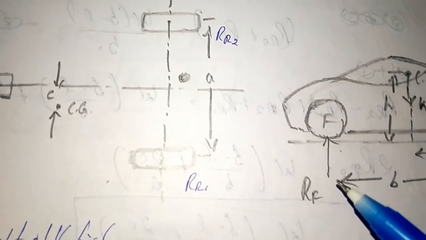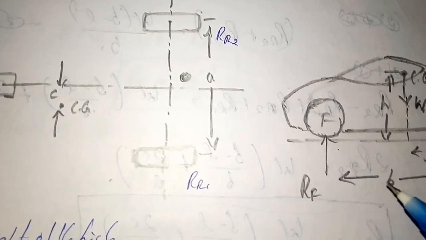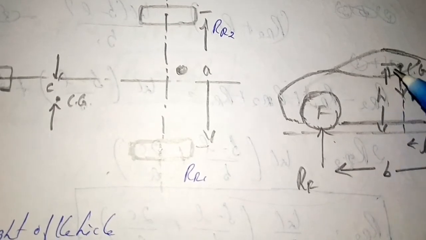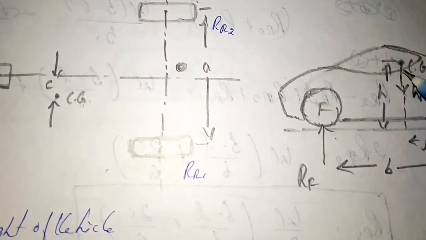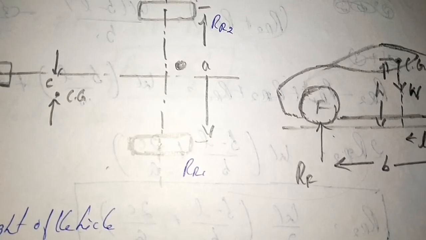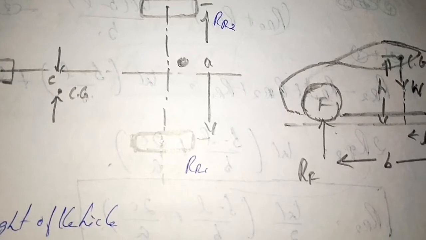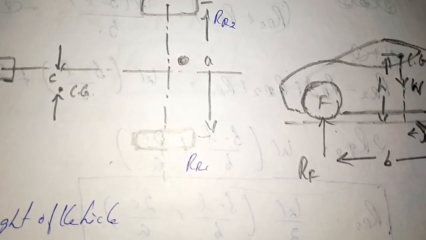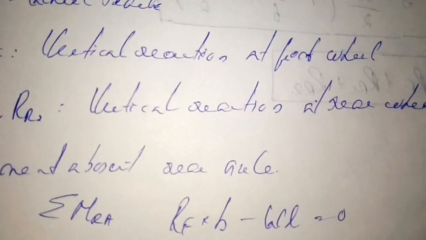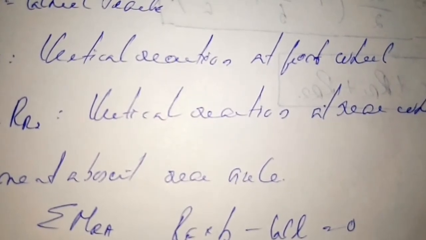The clockwise moment is the moment made by the reaction at the front wheel, which is RF into B. The counterclockwise moment is made by the weight of the vehicle, and its magnitude is W into L, because the distance of the center of gravity from the rear axle is L. So we can write RF into B minus WL equal to 0, so RF B is equal to WL.